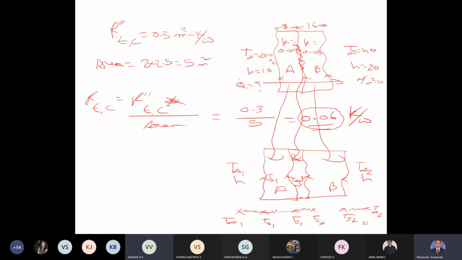I will draw a new diagram so that it will be much clearer. T infinity 1, TS1, TC1, TC2, TS2, T infinity 2.